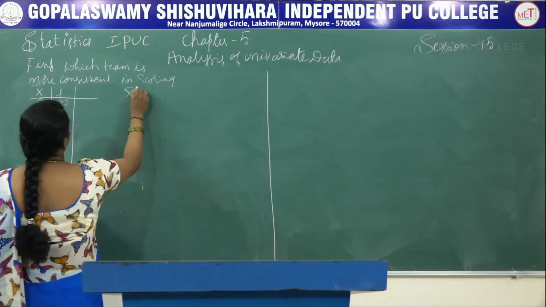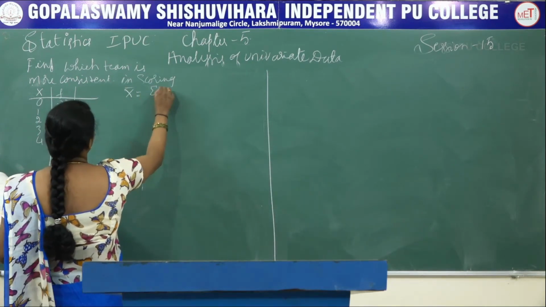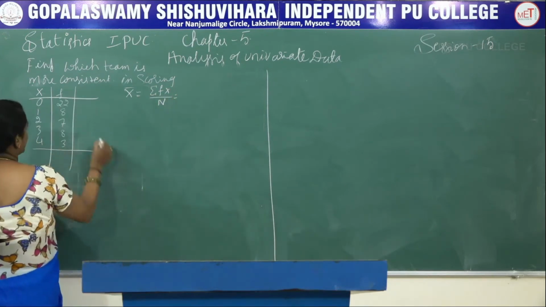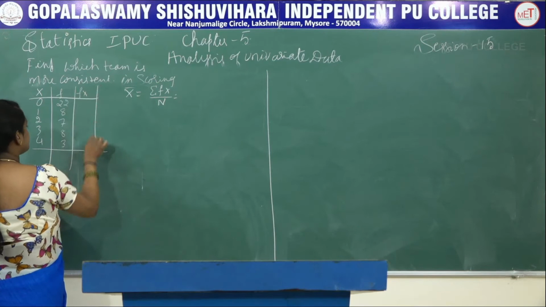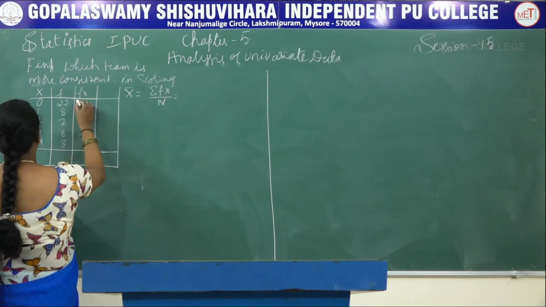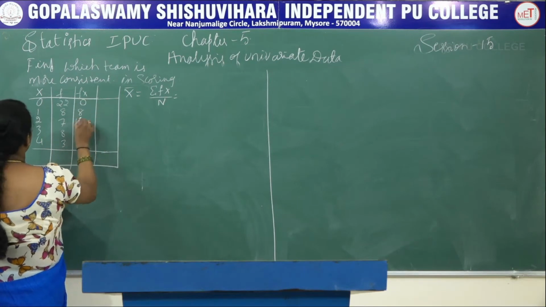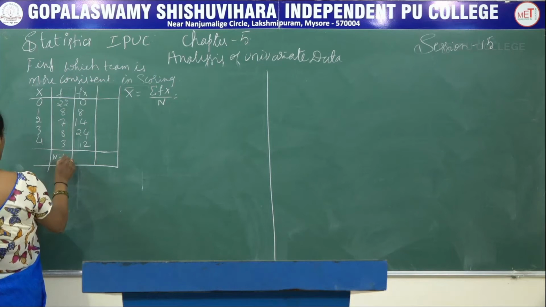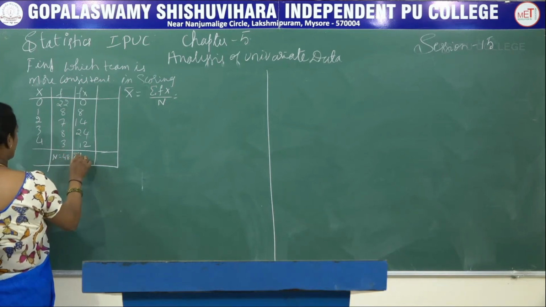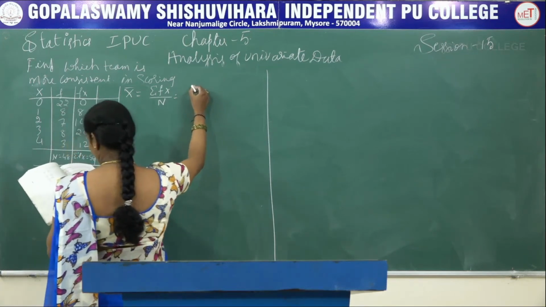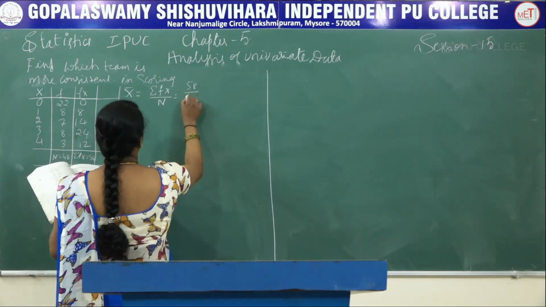To find X bar, it is summation of Fx divided by N. Fx is 0, 8, 14, 24 and 12, and N is equal to 48. Summation of Fx is equal to 58. So X bar is 58 divided by 48.